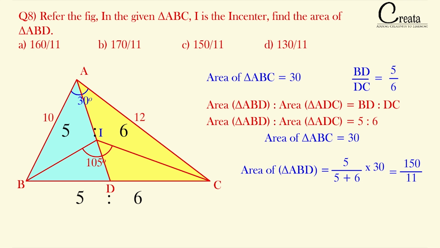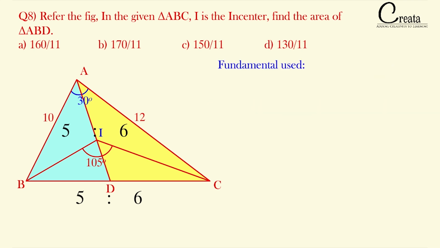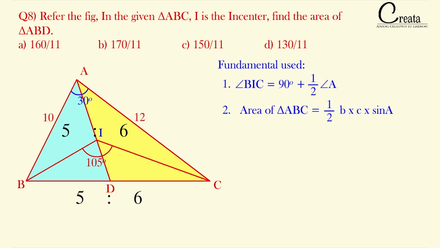So what is the approach or the fundamental that we have used? We have used the formula of the angle formed at the incenter and we have calculated the opposite angle, that is angle A. Then with the help of angle A and two given adjacent sides, we have calculated the area of the triangle. The formula that we have used is half into B into C into sine A. After that, we have applied the angle bisector theorem, that is BD upon DC is equal to AB upon AC.